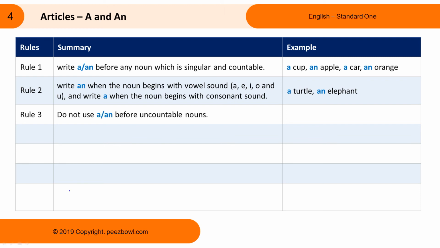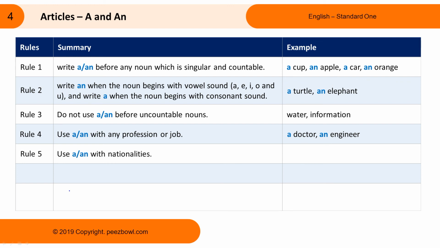Rule number 3 is that we should not use a or an before uncountable nouns which you cannot count, like water, information. Rule number 4 is to use a or an with any profession or job, that is a doctor, an engineer. Rule number 5 says to use a or an with nationalities, for example a German, an Indian.